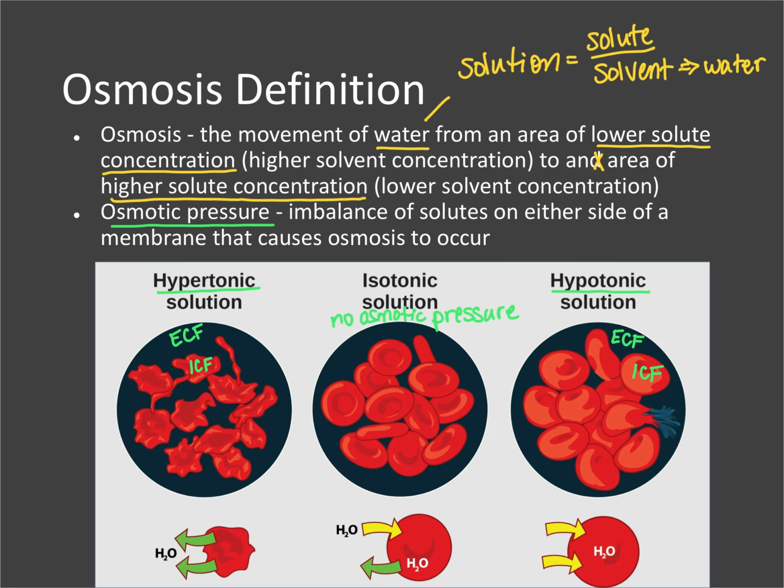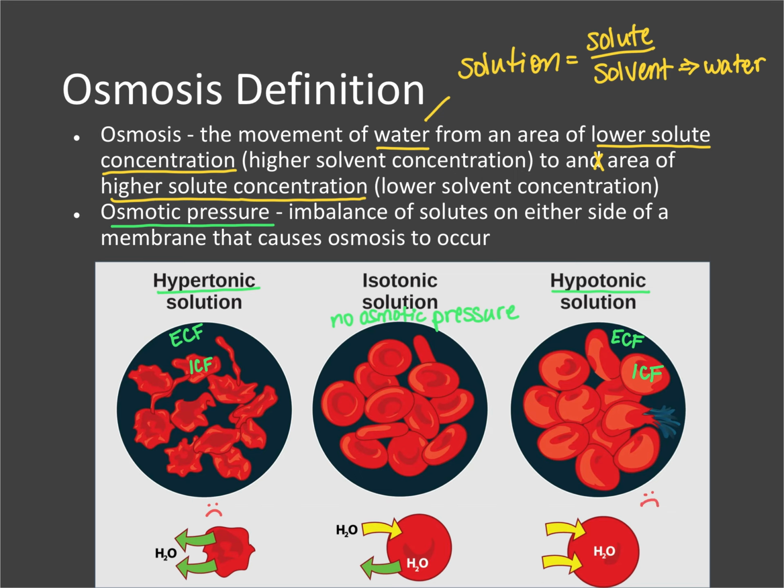And you can see that when there's not osmoregulation, we end up with situations that are not healthy or not good for the cells. So in a hypertonic solution, this is bad. Cells in a hypertonic solution will lose water and become shriveled, meaning that they can no longer perform their duties. Cells in a hypotonic solution will take on water, causing them to swell up and potentially burst, which is also not a good thing.